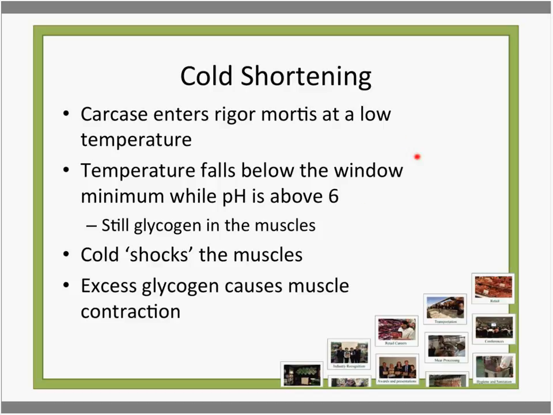Because the pH at rigor mortis that we're looking at in that window is at a lower temperature, there's still action in the muscles, which means the muscles go into a cold shock and they contract.